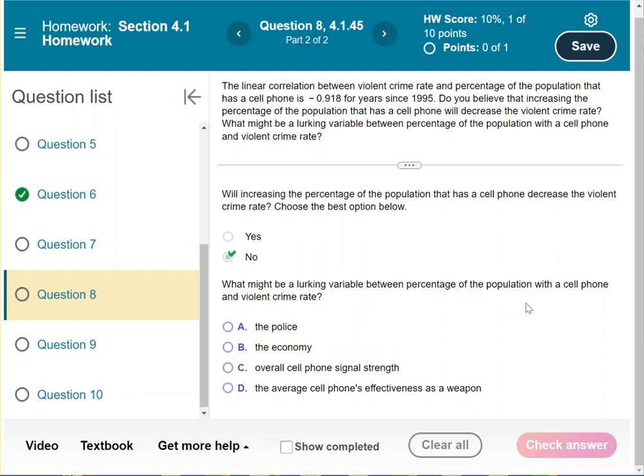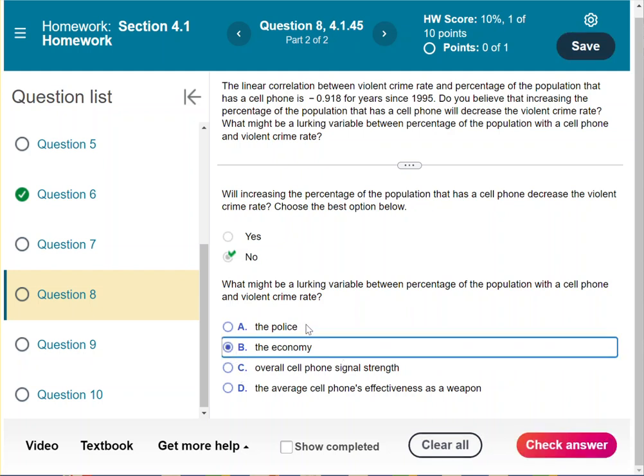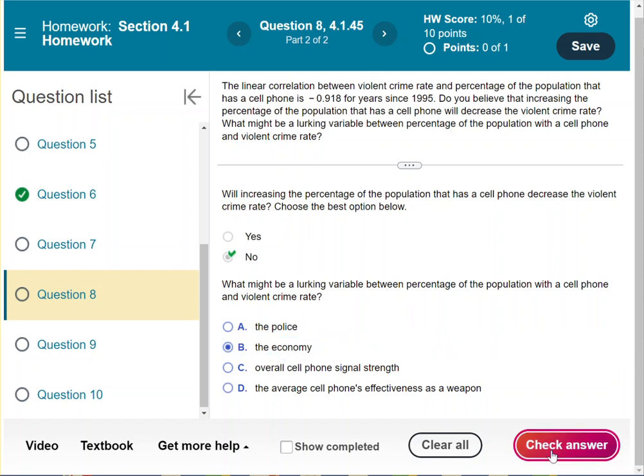The options are the police, the economy, overall cell phone strength, the average cell phone's effectiveness as a weapon. How about the economy? If it was something to do with police, it might be the policies of the police as far as whether they are actually enforcing the law or not. But the economy definitely would be a factor, so let's go with that one.